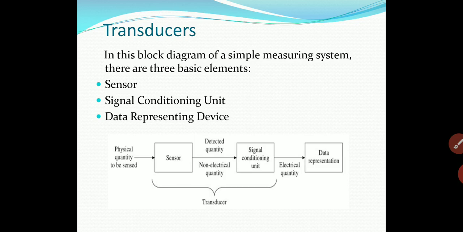So, for this we will discuss the block diagram of a simple measuring system that contains three basic elements. First is sensor, second is signal conditioning unit, and the third is data representing device. As you can see from the diagram, the sensor and signal conditioning unit together can be called the transducer.